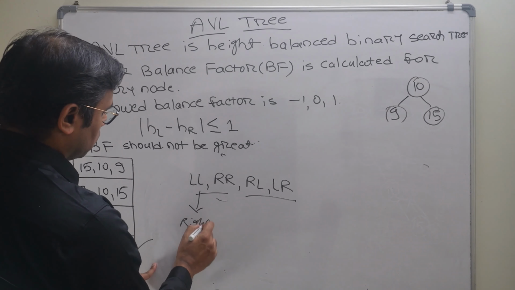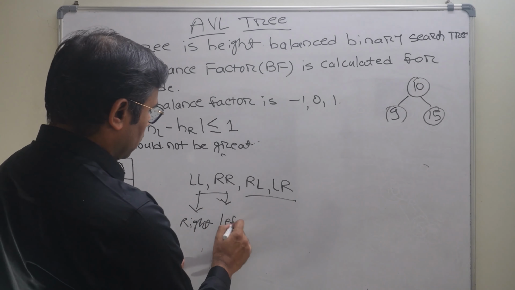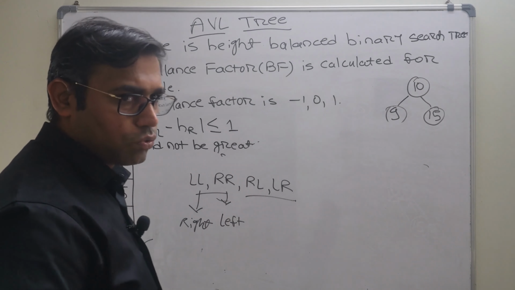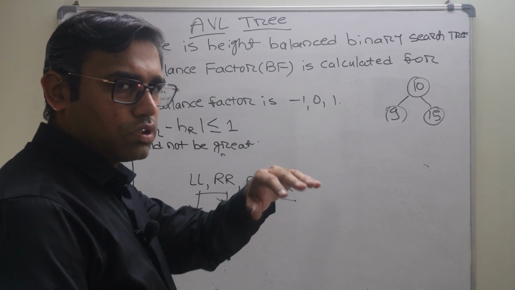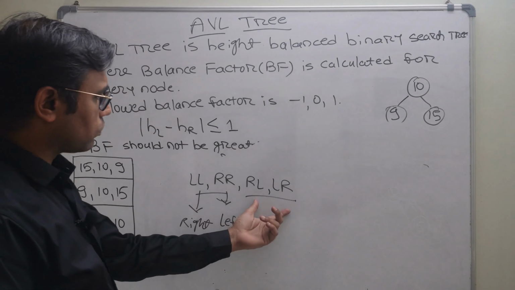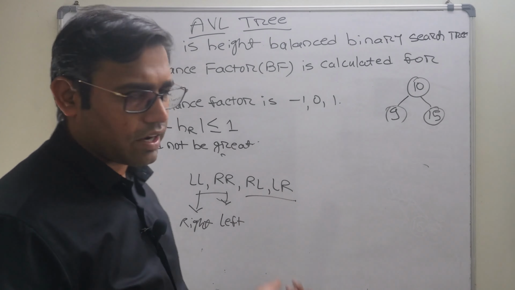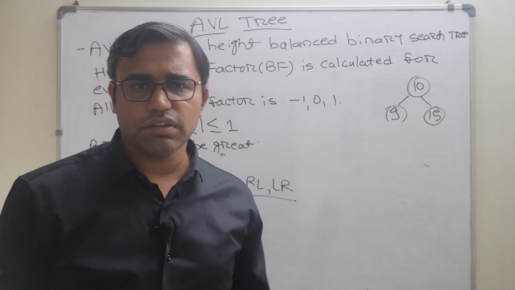In case of RR, we have to move the root node to the left. In case of RL, we have to move the node to the right-hand side and then again move the tree. Remember, in case of RL and LR, the root node is always the median value.